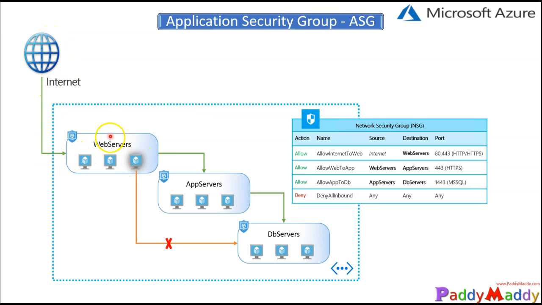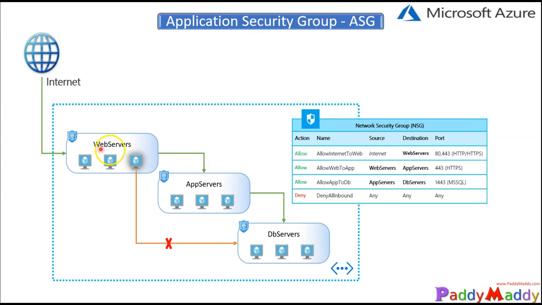In that situation, what we do is create an application security group and assign it on top of these computers. Let's say the first application security group, or ASG, would be on your web servers, and the same one will also be allowed on the application servers. That means both can communicate with each other.